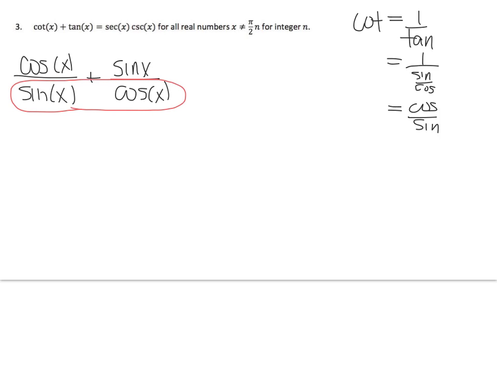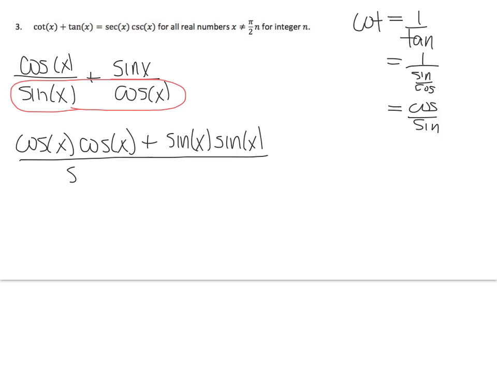This is something we did a lot when we rationalized equations. So in the numerator, I'm going to have cosine x times cosine x plus sine x times sine x, all over sine x cosine x.